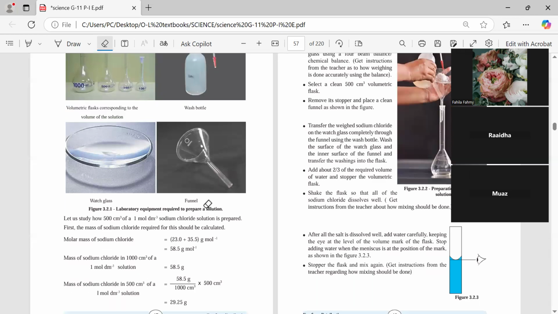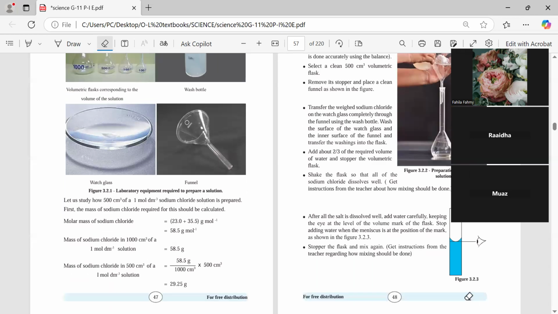So what are you trying to prepare over here? You are going to prepare 500 cubic centimeters of 1 mole per cubic decimeter sodium chloride. So you need to understand here, 1 mole, right? When you are going to prepare sodium chloride with 1 M concentration, you are not going to prepare the whole 1 liter.